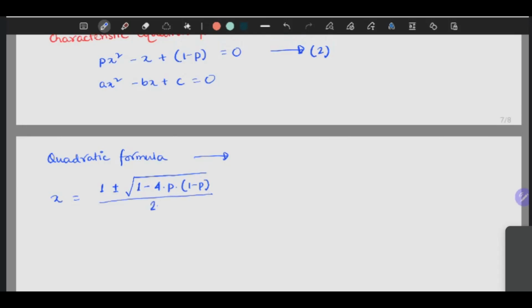So this will be 2p, right? So solving this, you will get 1 plus minus root of 1 minus 4p plus 4p square by 2p.